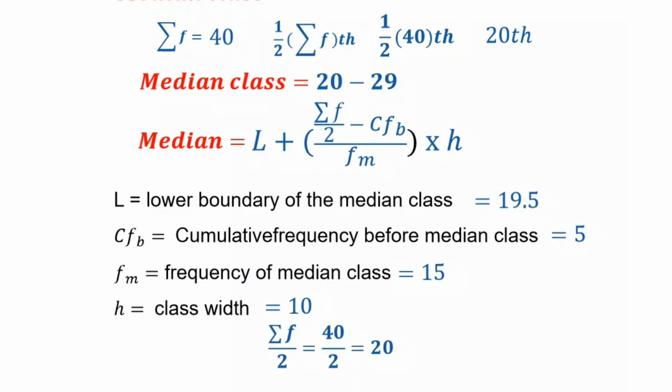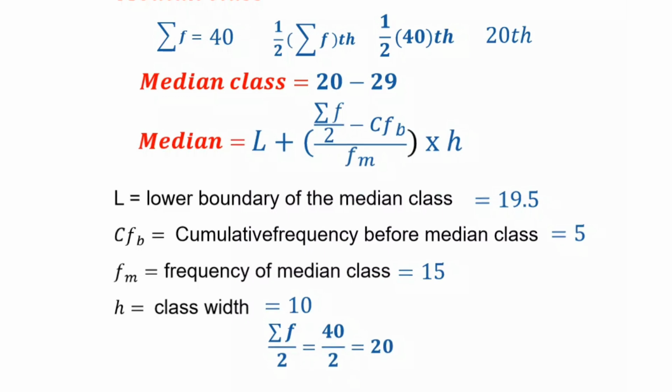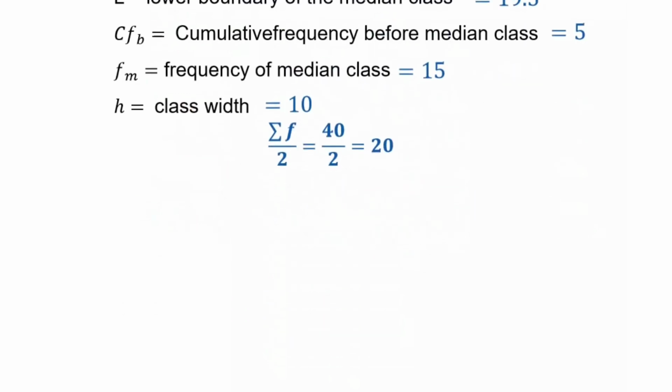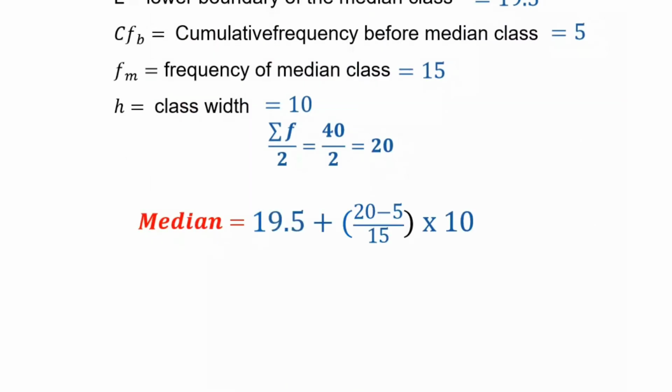Once we know all these things, then we substitute our values and we are good to go. So that is very simple. Our median is now going to be 19.5 plus 20 minus 5 all divided by 15 times 10. And then we calculate, and we have our median as 29.5. So you see, this is very, very simple.